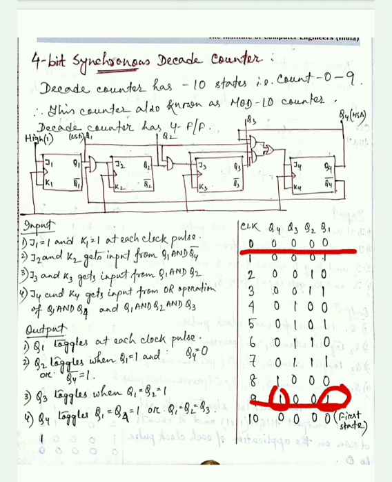So only Q1 and Q4 need to be changed. Other values are left as they are. If we change 1 into 0 in the Q4 flip-flop and 1 into 0 in the Q1 value, then the flip-flops will reset to their first condition.